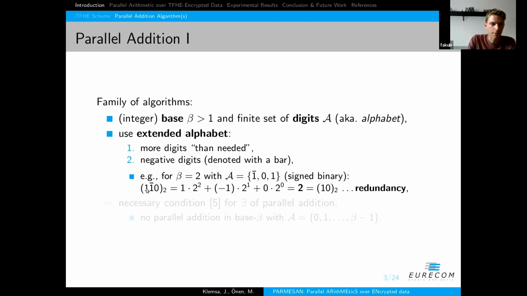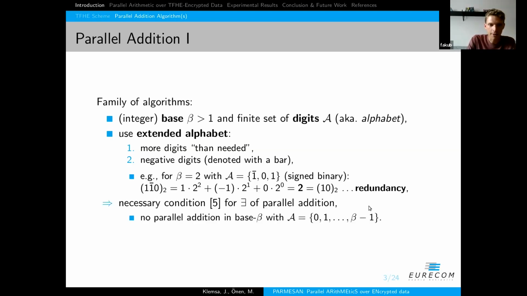We may write 1, -1, 0, which would evaluate as 1 times 2 to the 2, plus -1 times 2 to the 1, plus 0 times 2 to the 0, which evaluates to 2. But we may also write 2 in binary or signed binary as 1, 0. And that's an important property of these representations, which is redundancy.